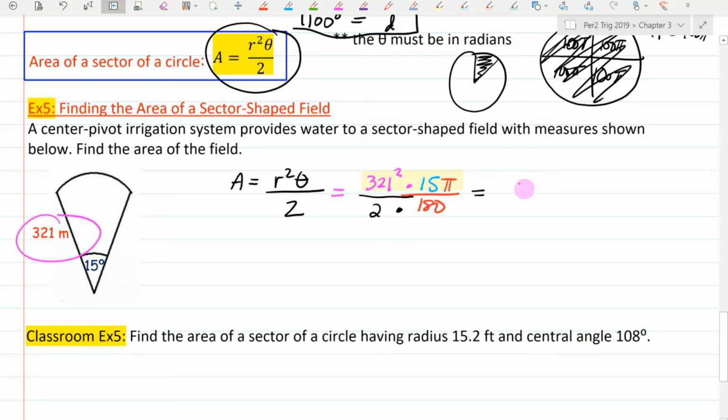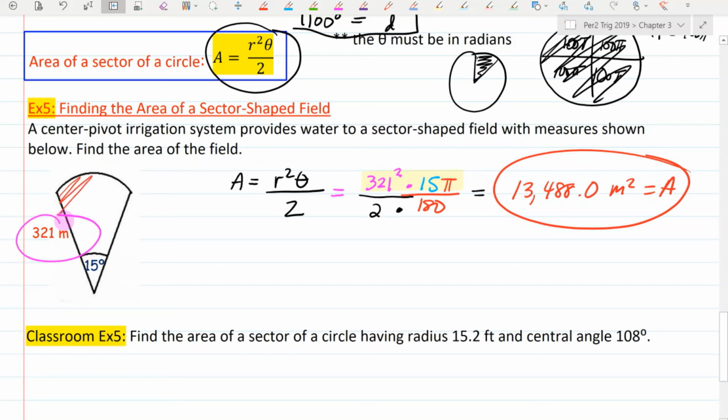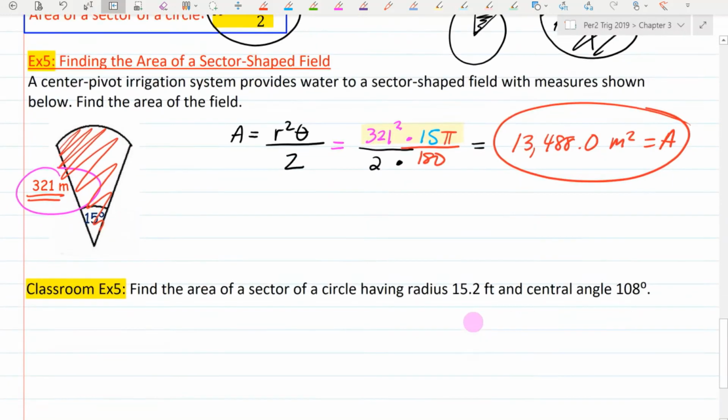And then you should get 13,488.0 meters squared for this sector. Okay, which is pretty big because that's 321 meters. All right, so you guys go ahead and try the next one.